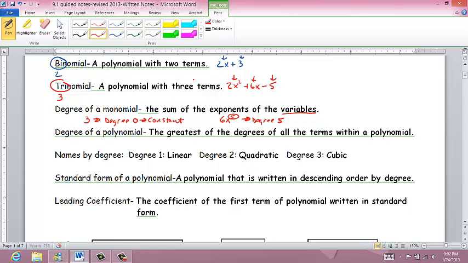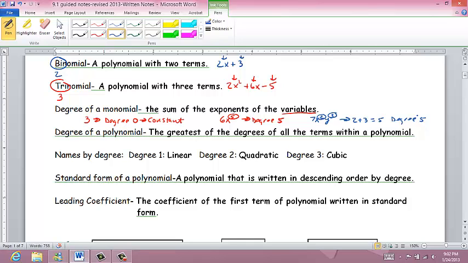Now, what happens if we have a term with more than one variable? Say 7x squared y to the third. Well, with more than one variable, we take the two exponents on x and y and we add them together. So 2 plus 3 equals 5. Therefore, this is a degree 5 monomial.